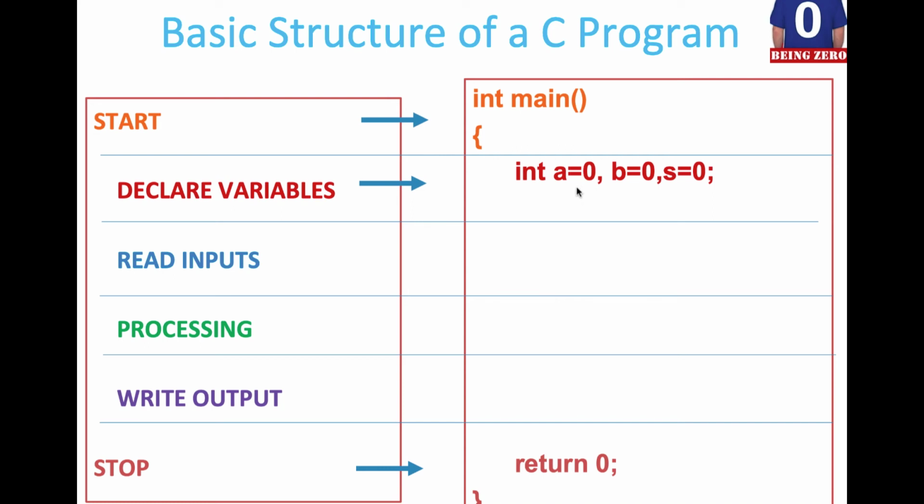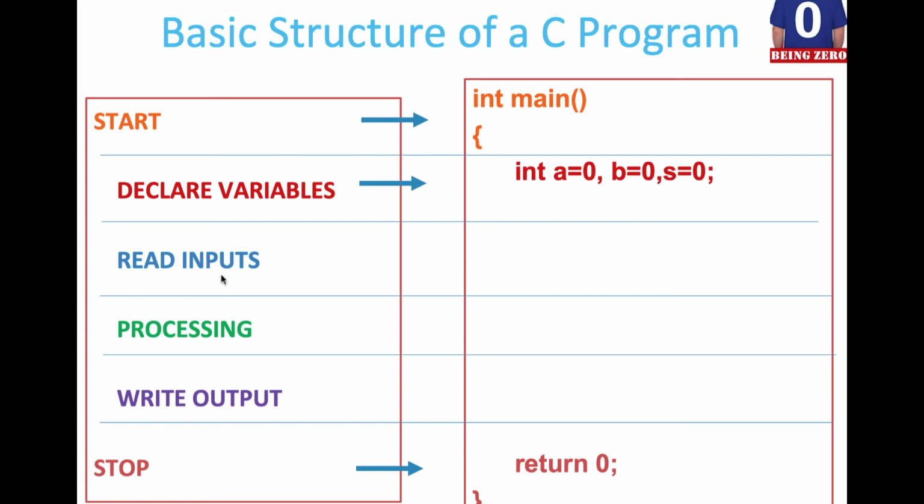We are saying int a is equal to 0, comma, b equal to 0, comma, s is equal to 0. This is called declaration, and for every variable we are also assigning a value. This is called initialization with 0. So a is initialized with 0, b is initialized with 0, s is initialized with 0.